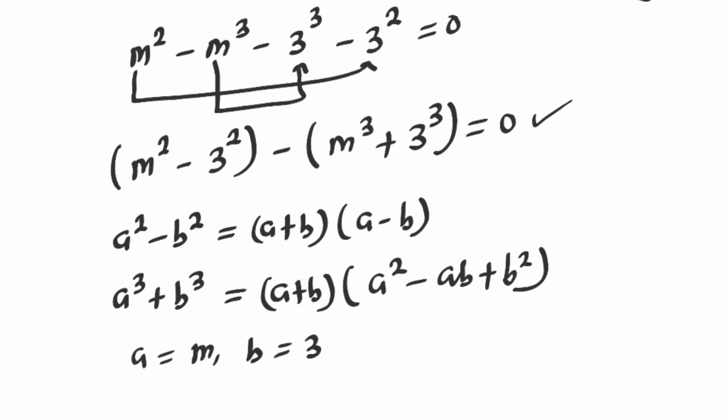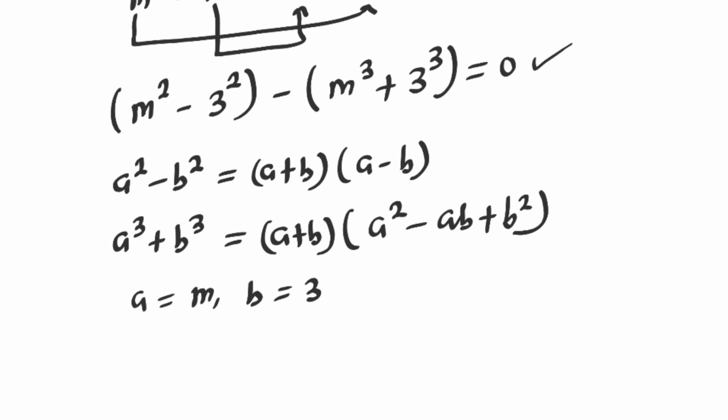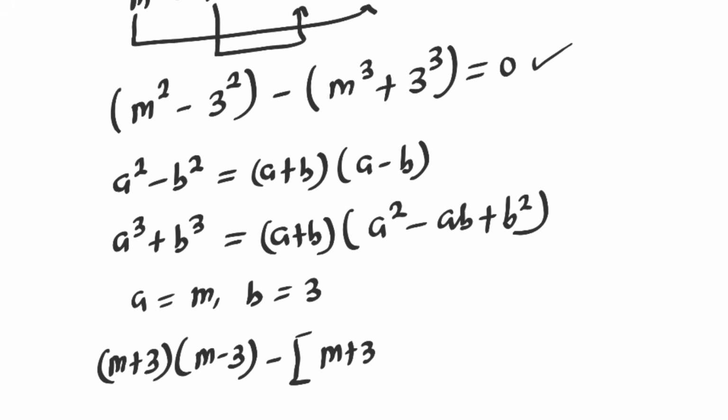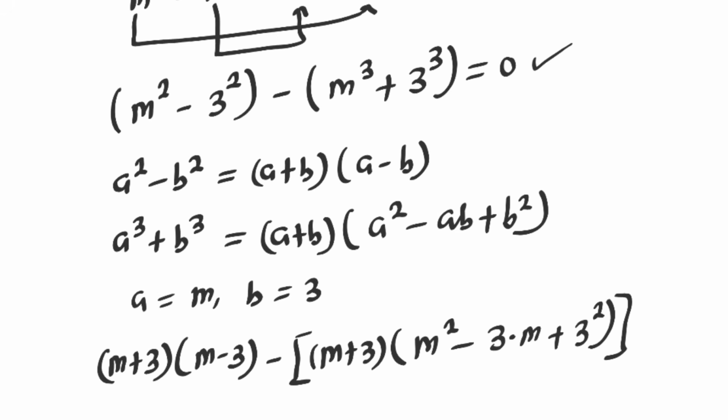Then this equation becomes m plus 3 bracket m minus 3 then minus m plus 3 bracket m square minus 3 multiplied by m plus 3 square bracket, we have this is equal to 0.